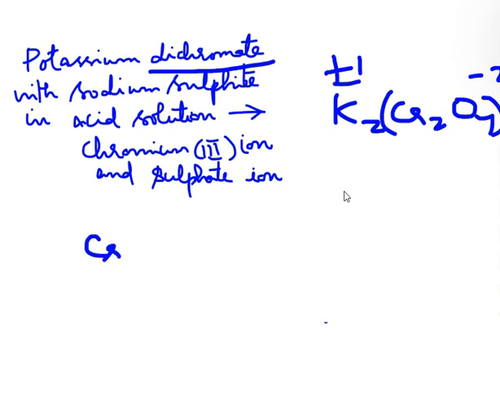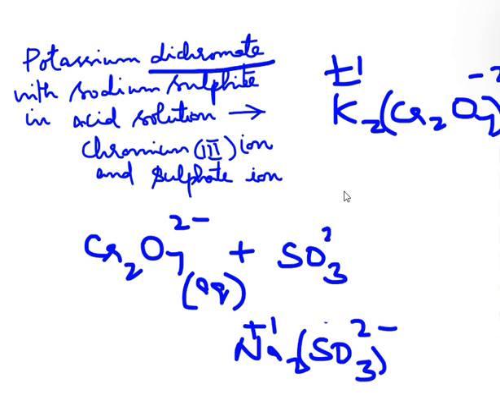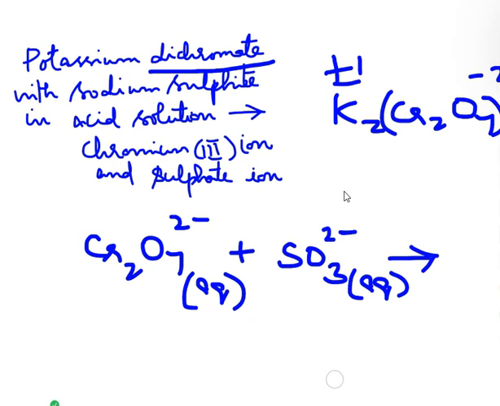So Cr2O7 2 minus, plus sodium sulfide. What will that be? Na2SO3. So SO3 will have 2 minus, sodium will have a +1. So the charge of this ion is SO3 2 minus. Do you guys understand this part? Is that clear?